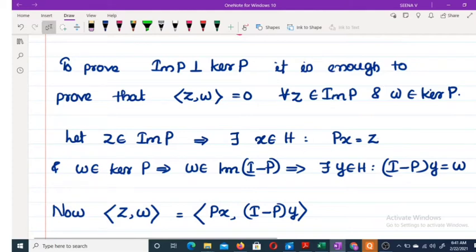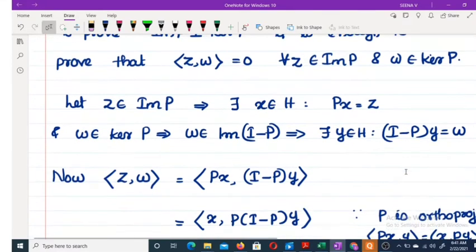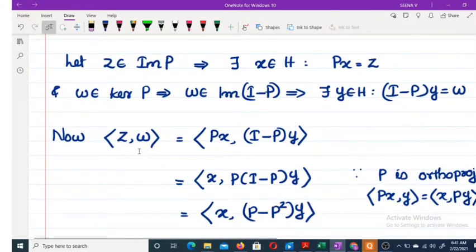Let w belong to kernel P. That means w belongs to image of I minus P, so there exists a y in H such that (I minus P)y equals w. Now evaluate the inner product of z and w.